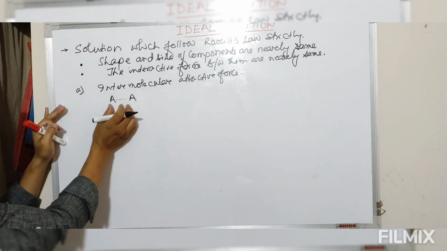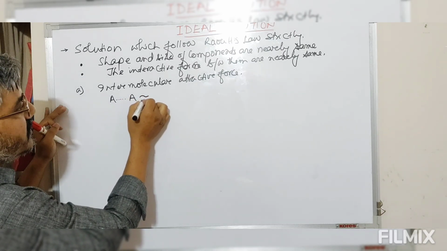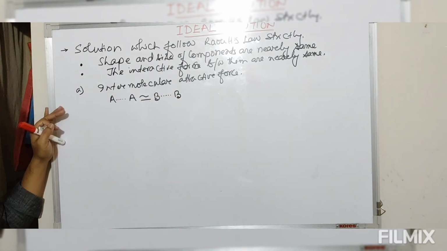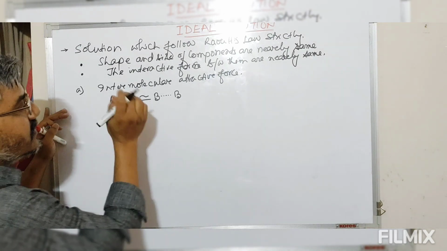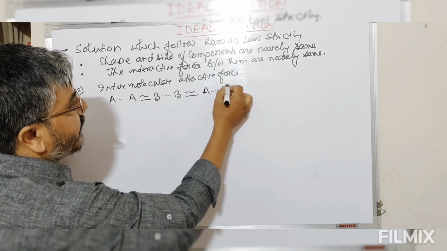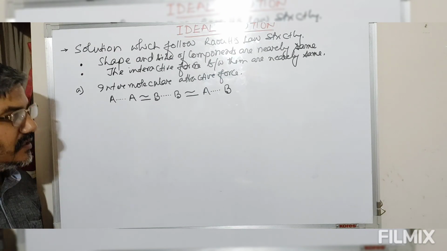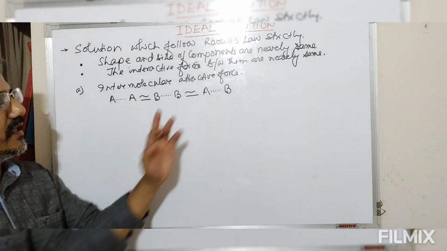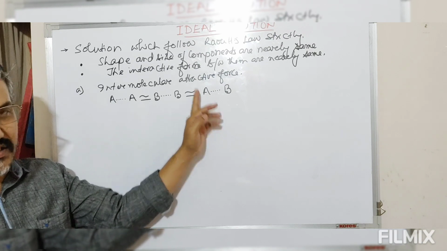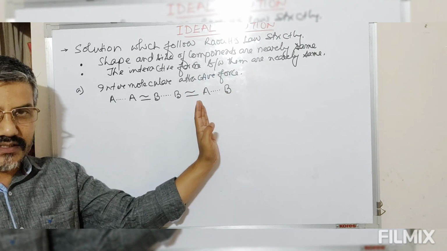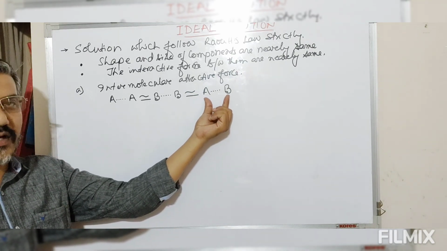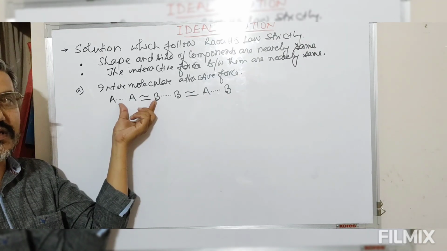Now the strength of this AA interaction is approximately same as that of BB interaction, that means interaction between the component B and B molecules, and this is approximately or nearly same as that of interaction between A and B. That means when A and B are mixed together, A cannot differentiate whether I am interacting with A or B. Similarly, B cannot differentiate between B and A. That means the interactive force between the different components is nearly same as between the same components.